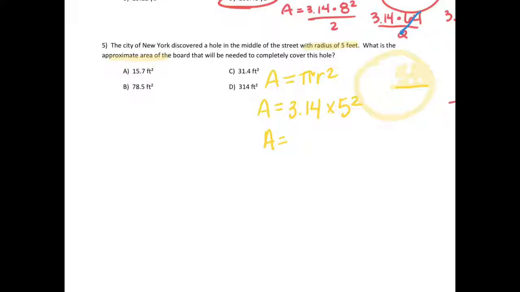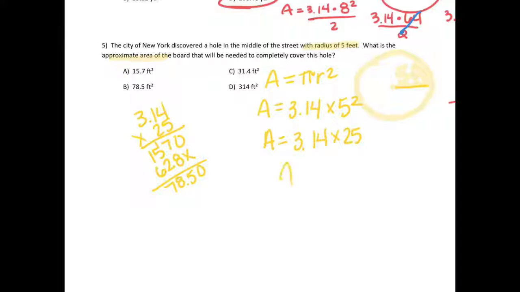So what's 5 squared? It's 3.14 times 25. And then we're going to multiply that. And we get 78.5 as our answer, which is answer choice B.